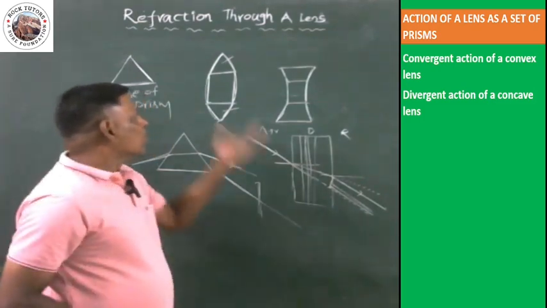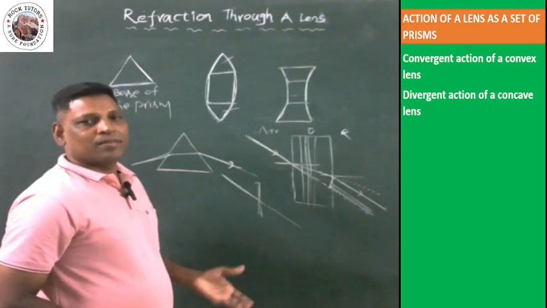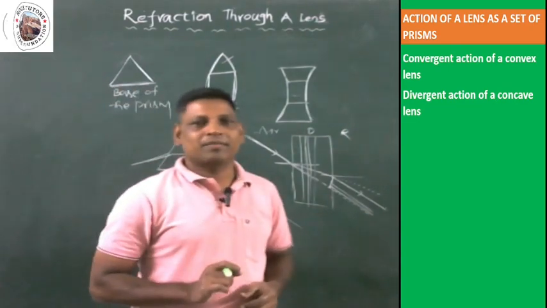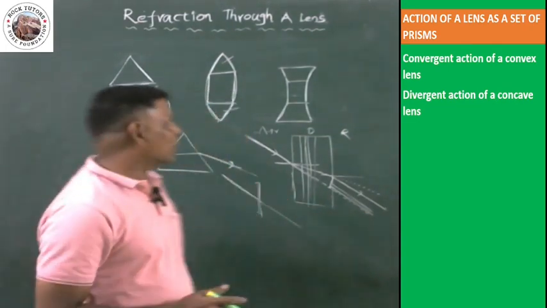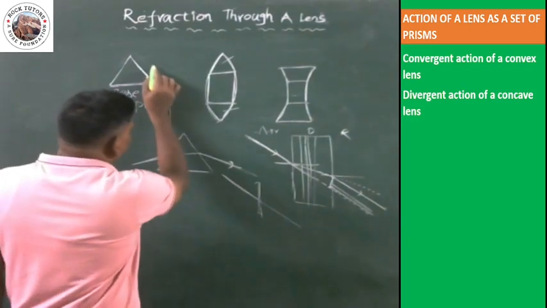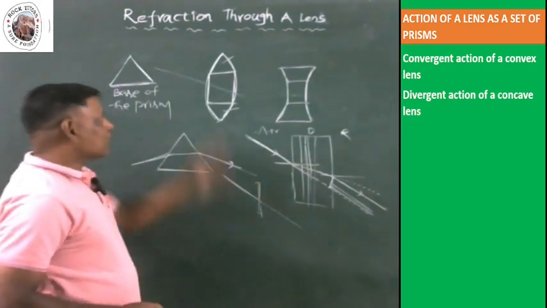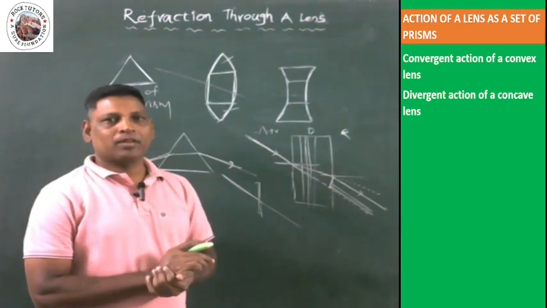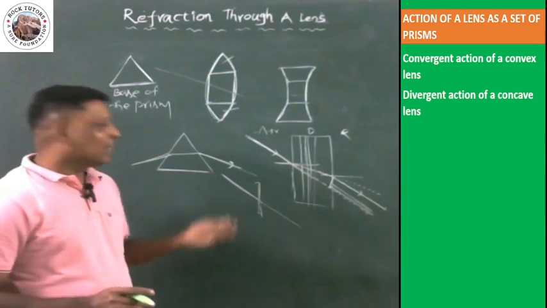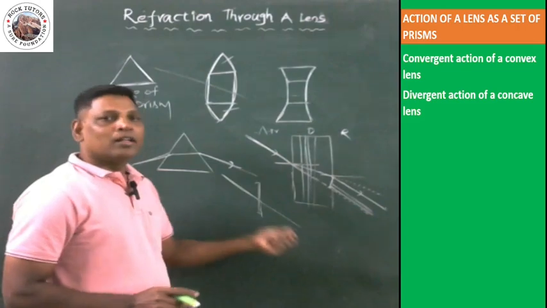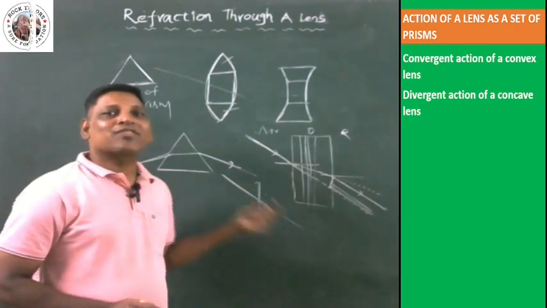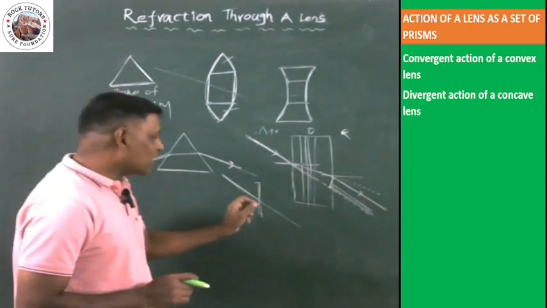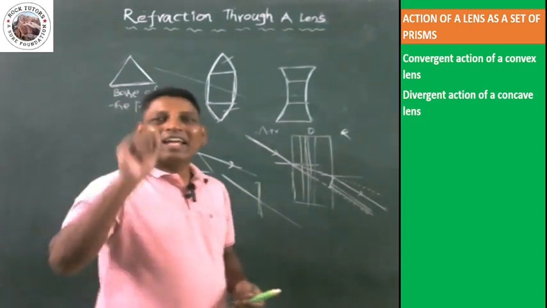We know that the lenses we use are not this thick, they are very thin lenses. So when the light is passing through thin lenses, you can observe that there is no deviation. It appears that the light is moving in a straight line without any deviation, because the lateral shift is negligible.